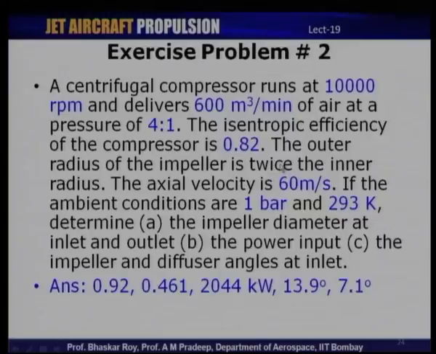So, this will help you in calculating the mass flow rate and the diameters at the inlet and outlet. The diameter comes out to be 0.92 meters at the outlet, 0.461 meters at the inlet, power input is 2044 kilowatts, and impeller and diffuser angles are 13.9 degrees and 7.1 degrees.